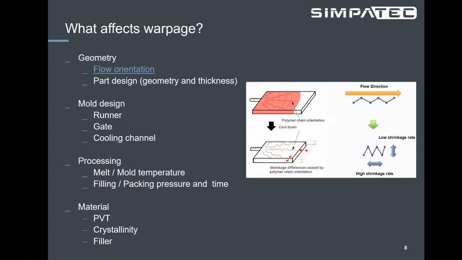For sure, there are different kinds of root causes of this, no matter which aspects you look at regarding the input information. We are talking about the CAD environment, first of all the geometry, and up to a specific extent the mold design, as well as processing and materials.